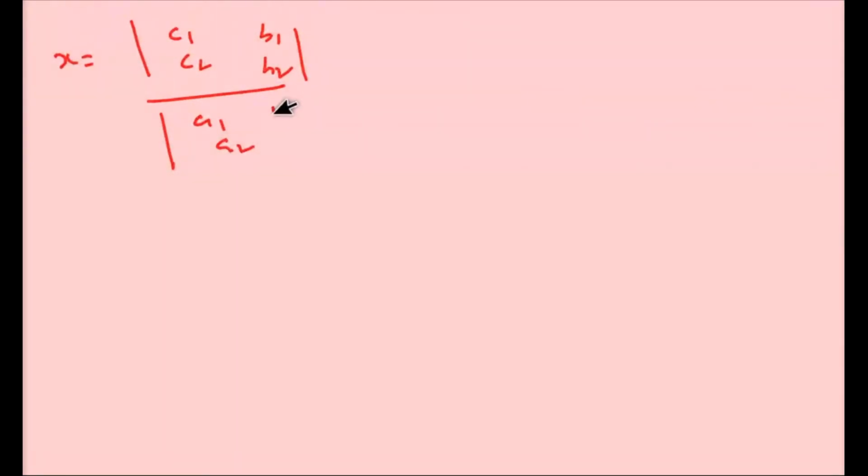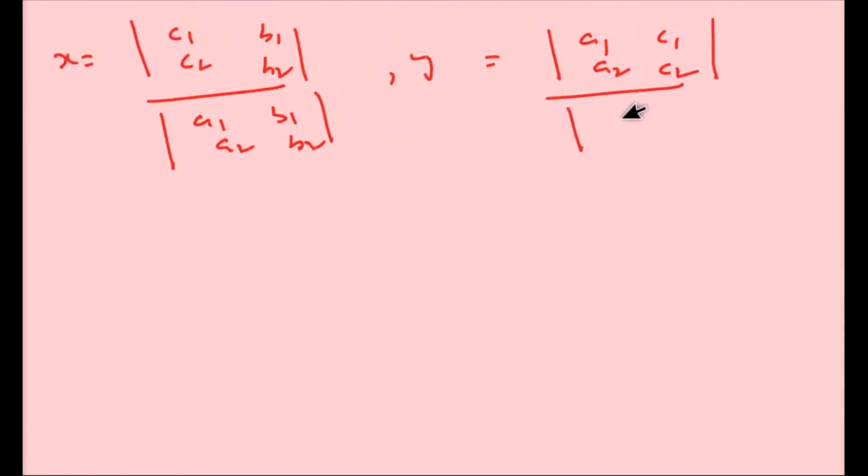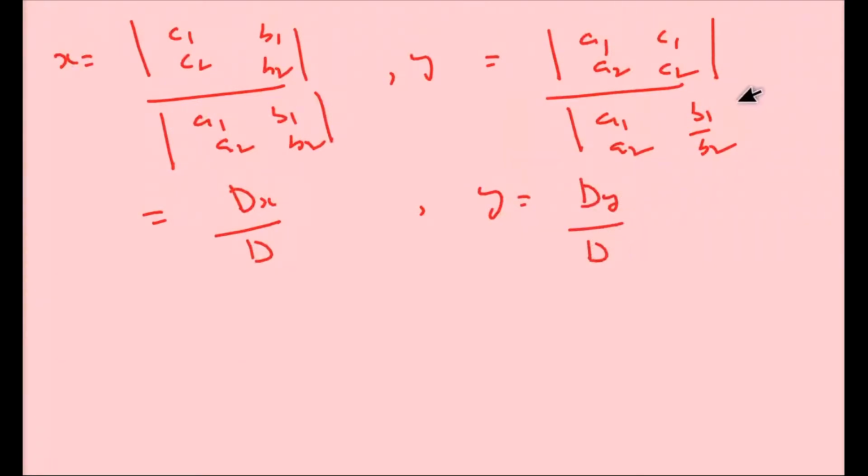And y we get the determinant with rows a1 c1 and a2 c2, upon the determinant with a1 a2 and b1 b2. Let us write this numerator as Dx and the denominator as D, and y as Dy upon D.